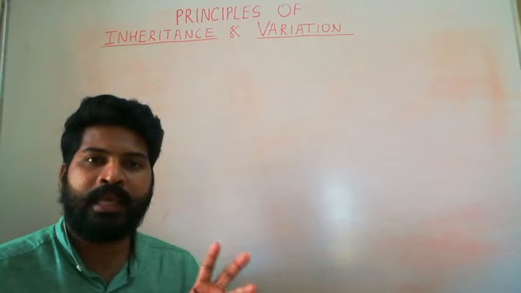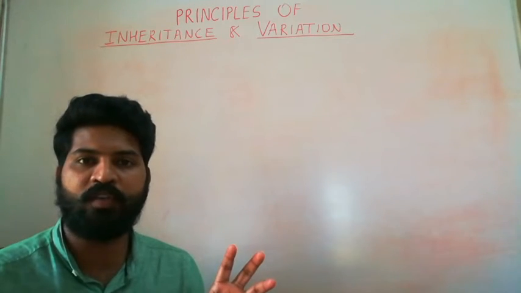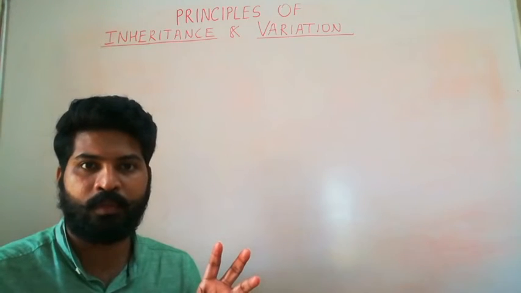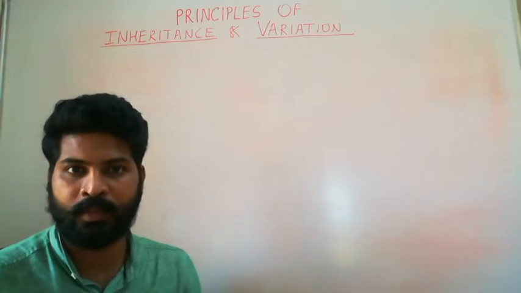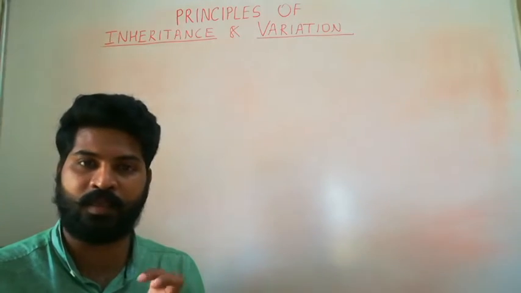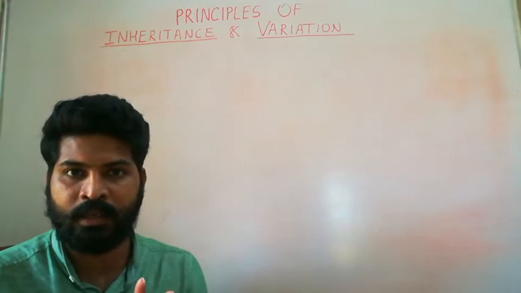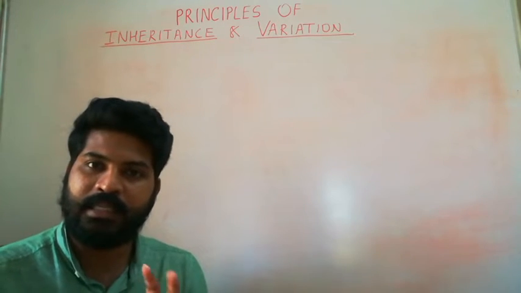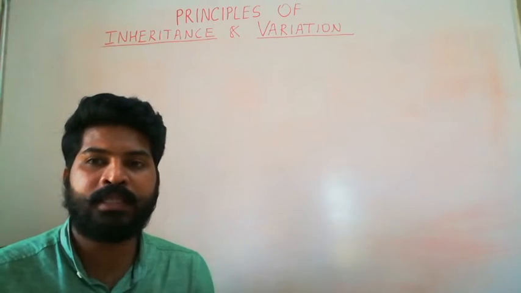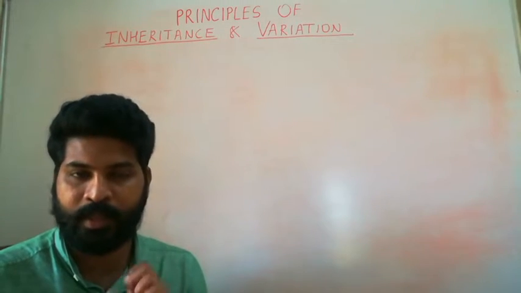In the case of asexual reproduction, the parent as well as the offspring are almost replicas, so they are called clones. Whereas in the case of sexually reproducing organisms, the basic body design of the offspring is similar to the parent, but there are obvious differences between the parent and the offspring.